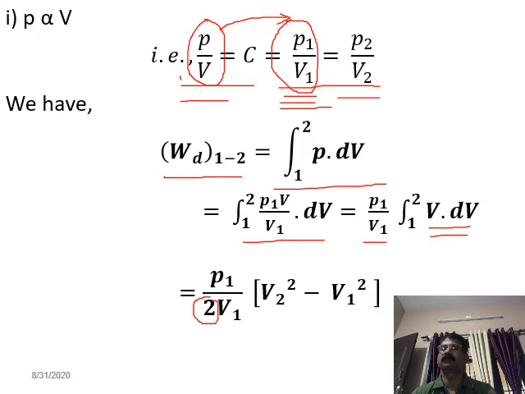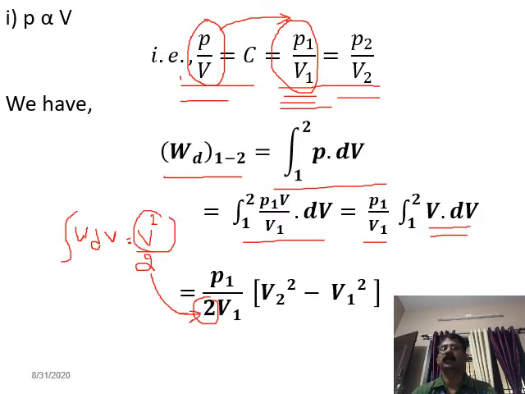I think it is not required to write it out because you are very good in integration and mathematics. And V square, when applied with the upper limit, becomes V2 square, and with the lower limit it becomes V1 square.